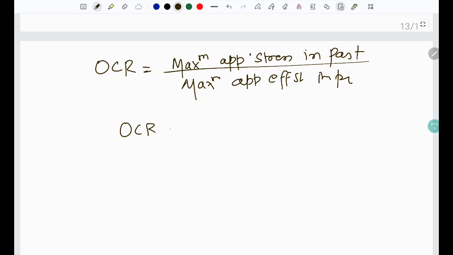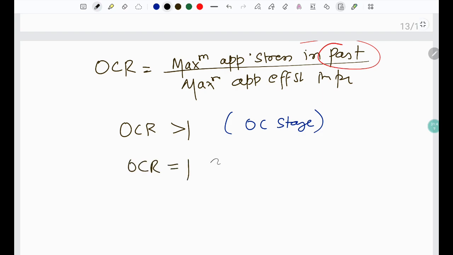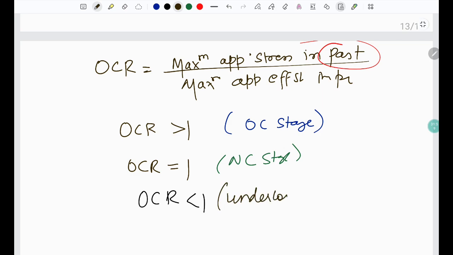If OCR is greater than 1, that is the stress in the past is more, then we are in the OC stage, or over consolidation. If the OCR is equal to 1, then we are in the NC stage, and if for some reason OCR is less than 1, we are in an under consolidation stage.